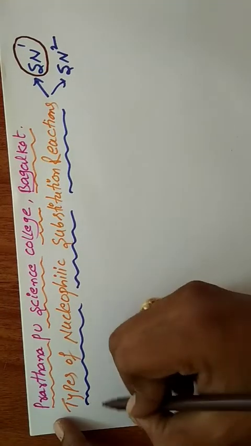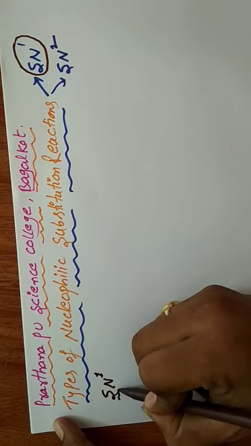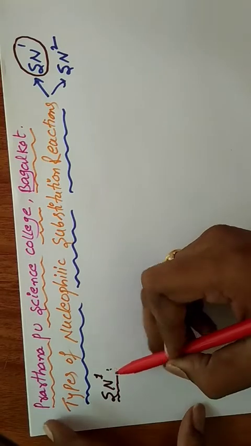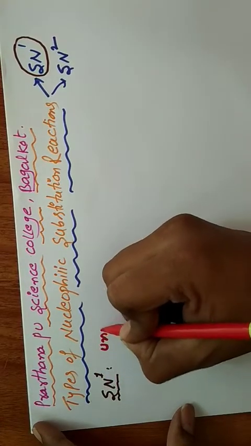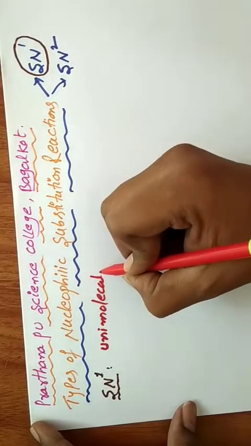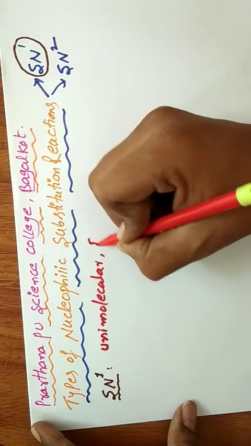SN1 means, here 1 means unimolecular, and also first order.